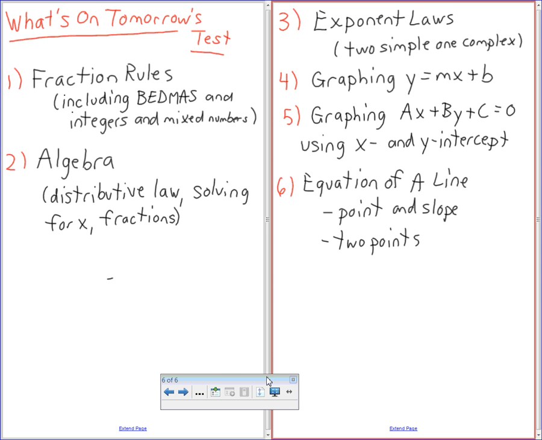Just a big test, it looks like. 7 is going to be Pythagorean theorem. And 8 is going to be angles. That's going to test part of it.